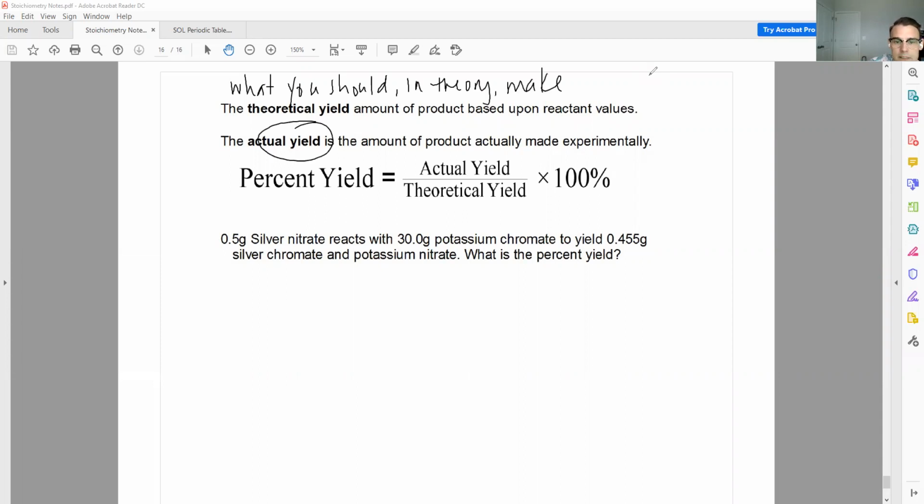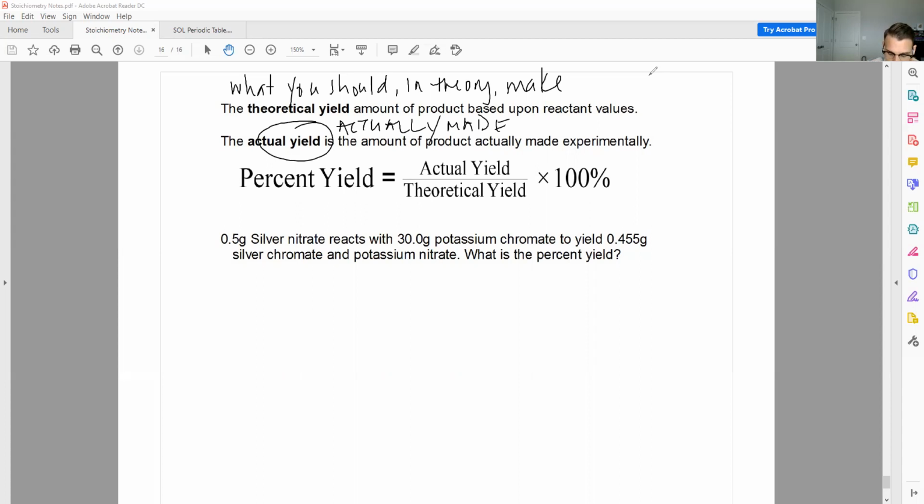The actual yield is the amount of product actually made. You either need to perform an experiment to determine the actual yield, or it needs to explicitly tell you. So percent yield, you just take the actual divided by the theoretical yield, multiplied by 100.